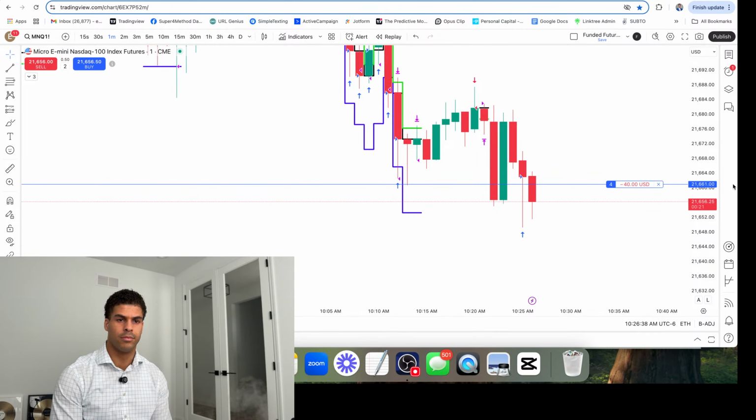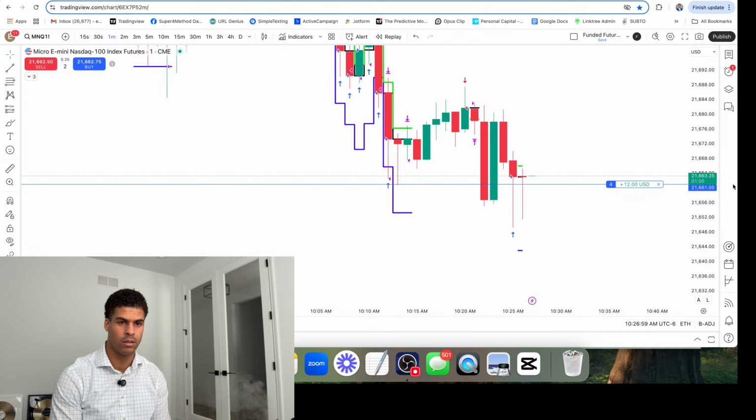Let's see. Sometimes on these reversal trades, if we get profitable, we got 1830, nice, good, 26, 12, plus 10, even.